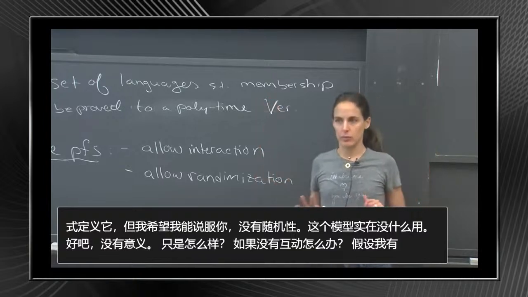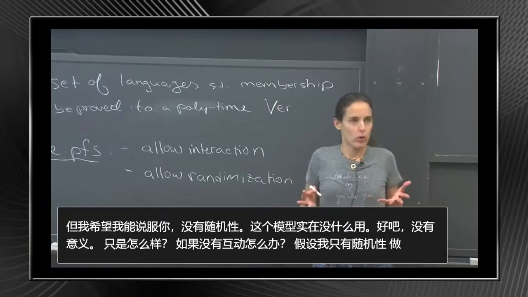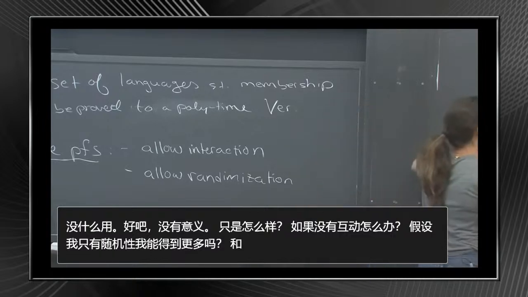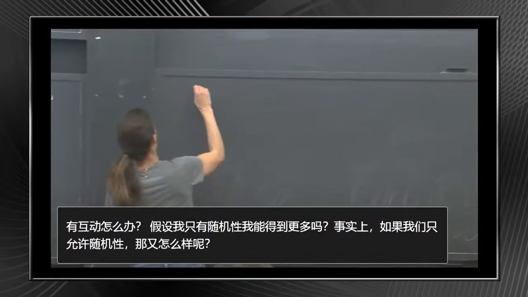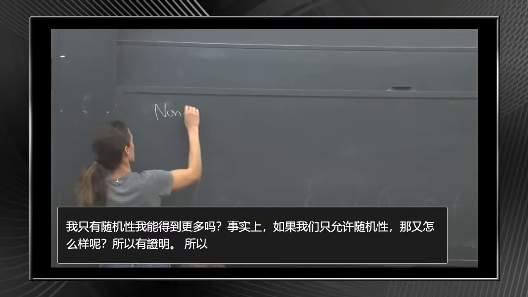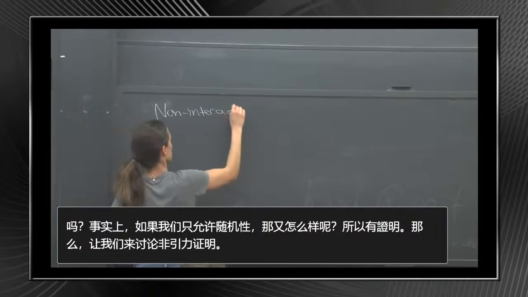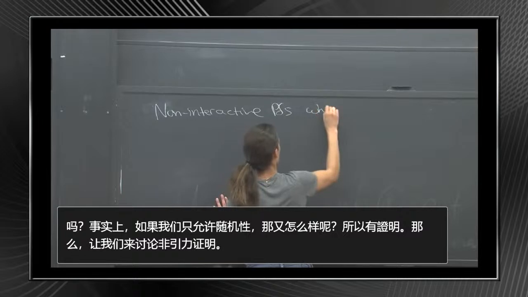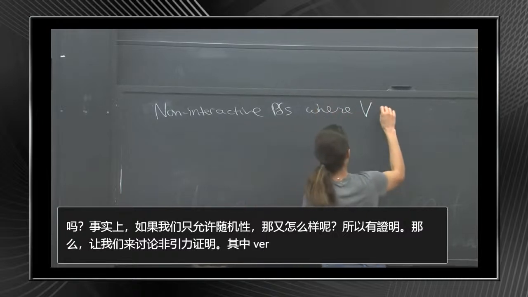Let's say I had only randomness. Do I get more? So what if we allow only randomness? Let's talk about non-interactive proofs, where the verifier, V, is randomized.